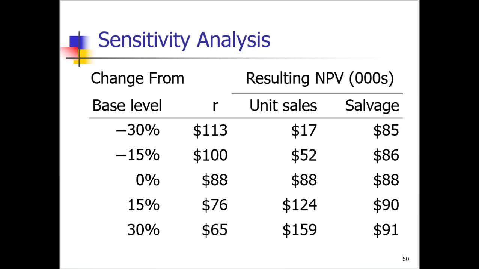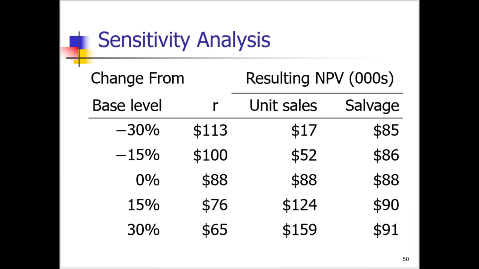Now, we've used and talked about this type of analysis before. We just didn't refer to it as sensitivity analysis. We used this when we talked about capital budgeting, and we talked about the net present value profile. This represented the change in net present value when we changed the cost of financing.